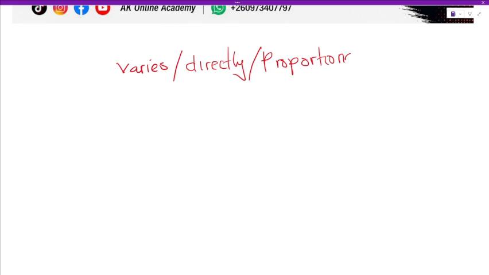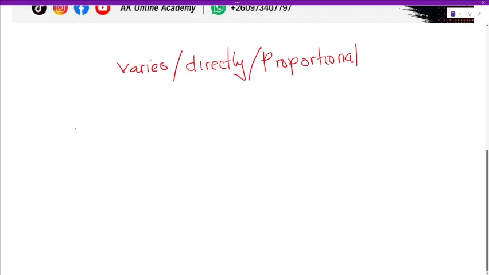Whenever you see the word varies, directly, or proportional, and sometimes these are combined, this is what they mean.